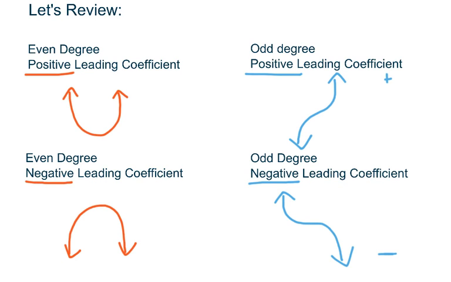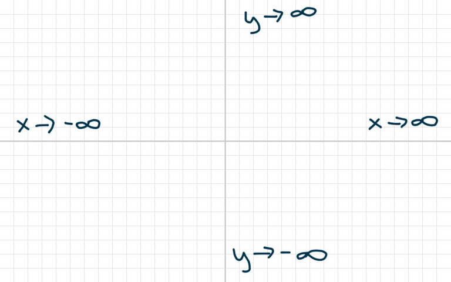Now we are going to look at an easier way of writing our notation, because first semester we were kind of helping you with it. This semester you need to know it. So if I've got a graph that looks all crazy and I want to write my end behavior, let's look at the right side of the graph.